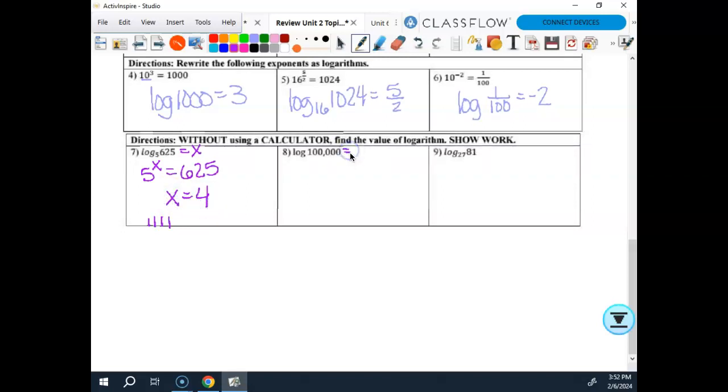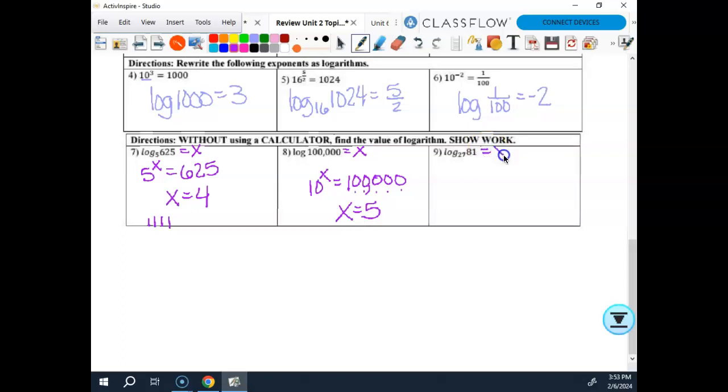I'm going to set this equal to x. And then that's going to be 10 to the x power equals 100,000. All right, so 10, 100, 1,000, 10,000, 100,000, that's 5. So x equals 5. Oh, I just realized this last answer isn't even on the answer key.